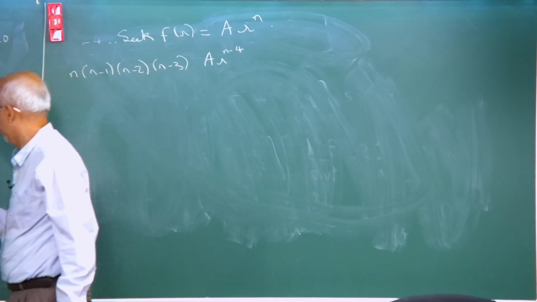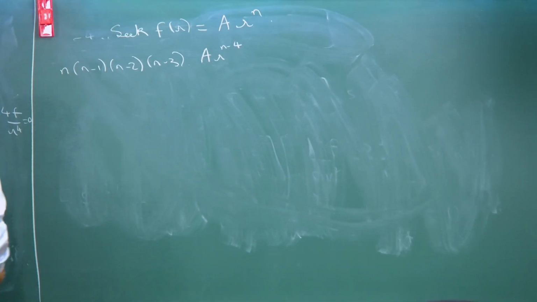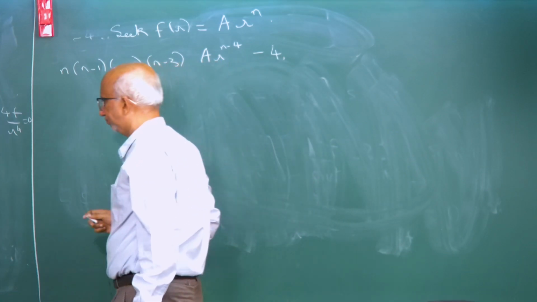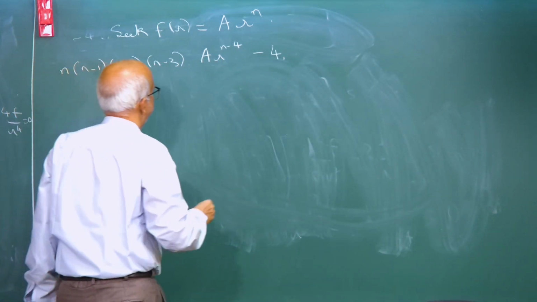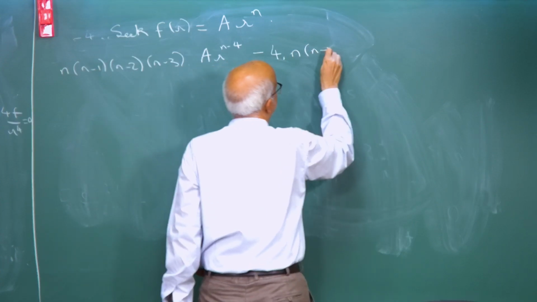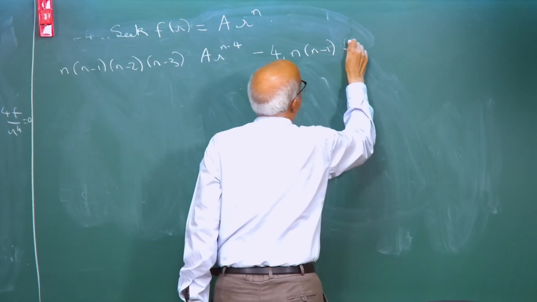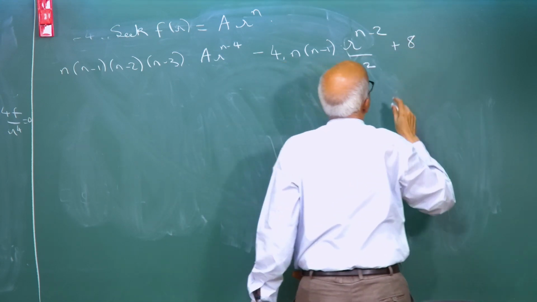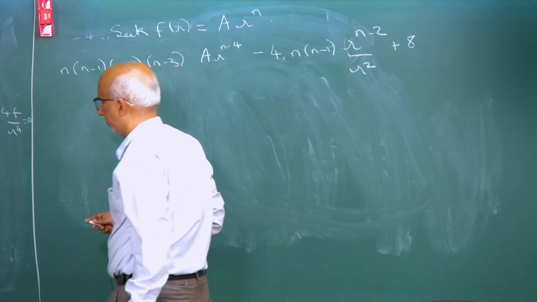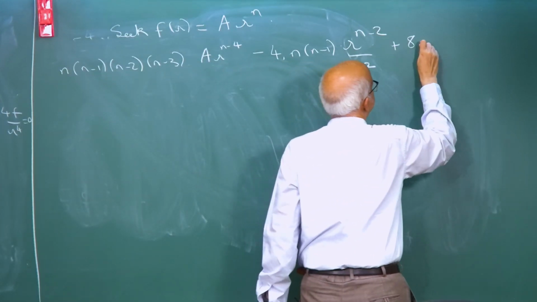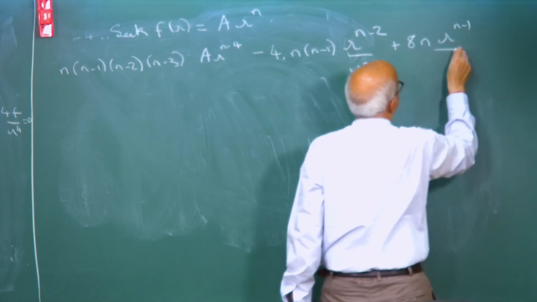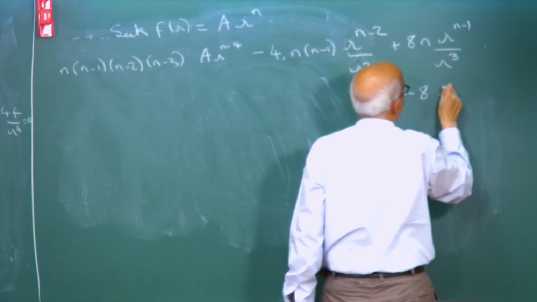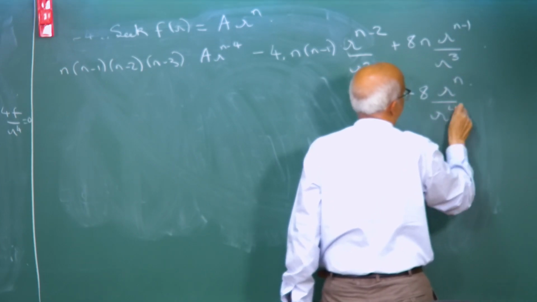Then I have this minus 4 times, what is it? f double dash, right? n times n minus 1 times r to the power n minus 2 divided by r squared plus 8 f dash, I think, times n r to the power n minus 1 divided by r cube minus 8 r to the power n divided by r to the power 4 equal to 0.